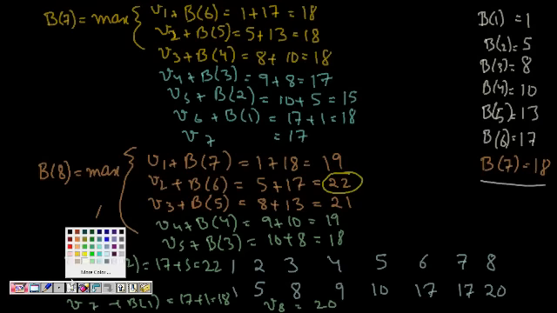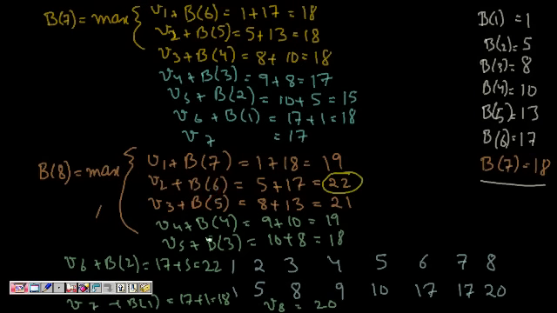Okay, so now I calculate b of 8, which is I can have v1, a cut of length 1, plus b7, the best way of cutting a rod of length 7, which I already know from here. So it is 1 plus 18, 19. I can have a cut of 2 and the best possible way of cutting a rod of length 6.